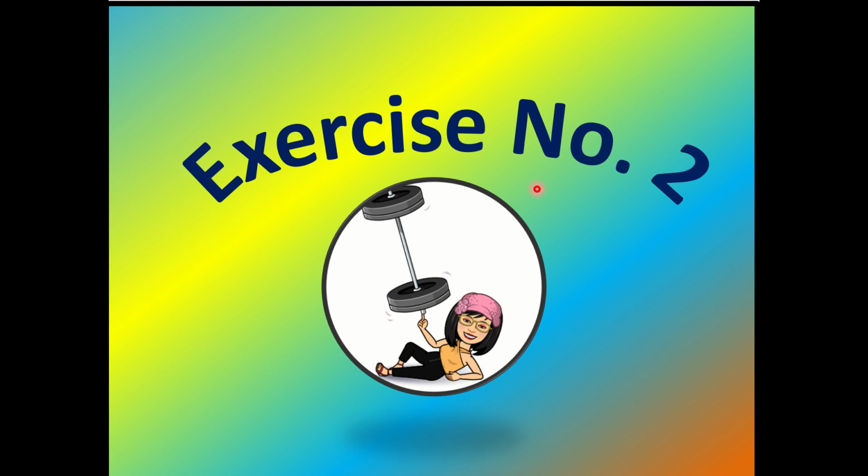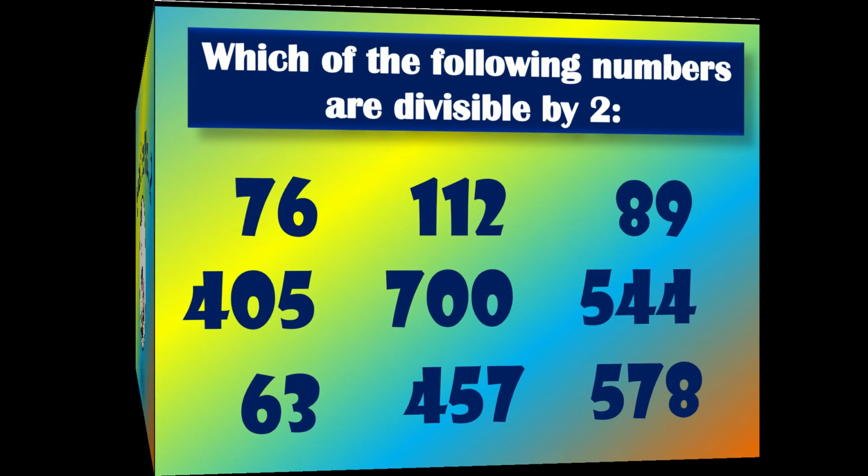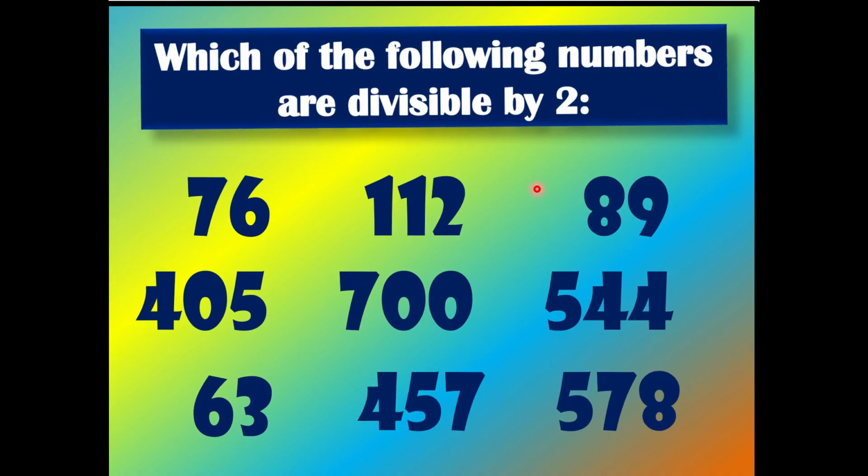Let's have exercise number 2. Which of the following numbers are divisible by 2? Is it 76, 112, 89, 405, 700, 544, 63, 457, or 578?